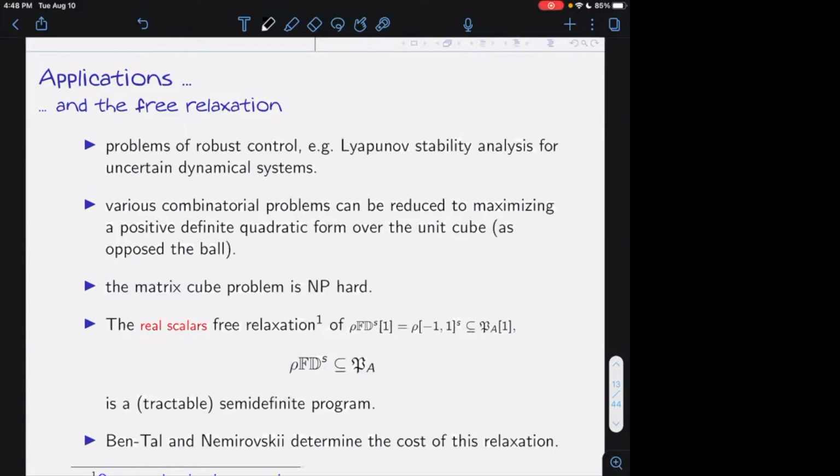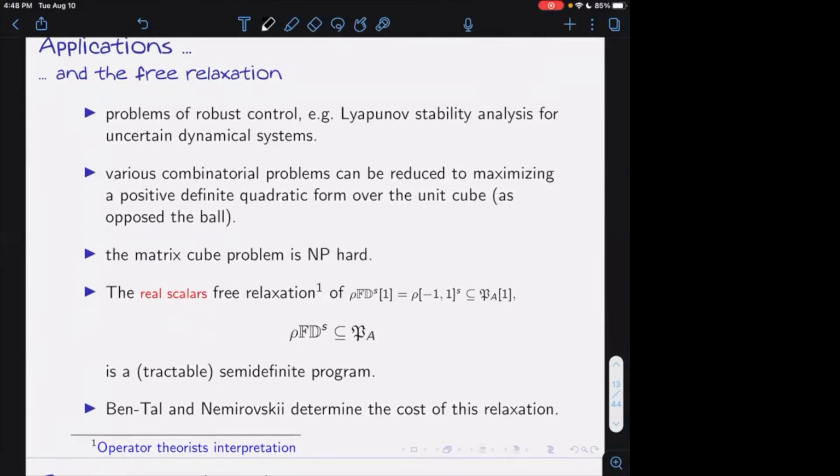The issue with it is it can typically be NP hard. But if you take the free relaxation, so you replace the inclusion... So here's the problem. You want to look at this inclusion right here, inclusion of spectrahedra.